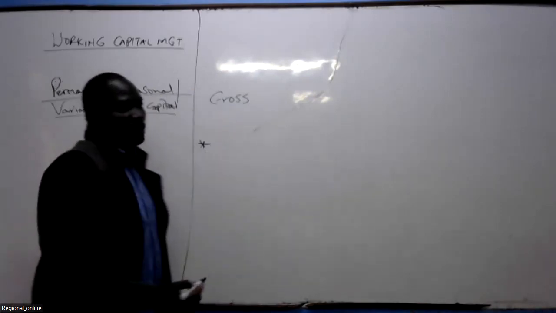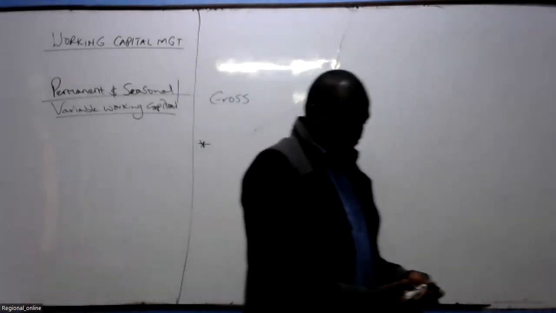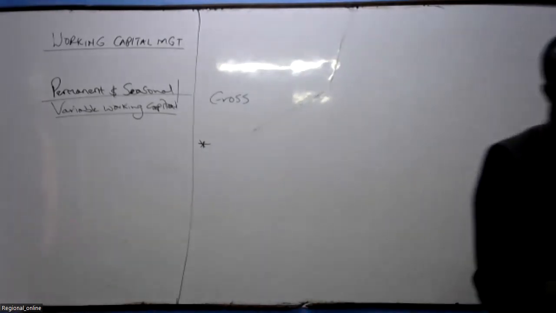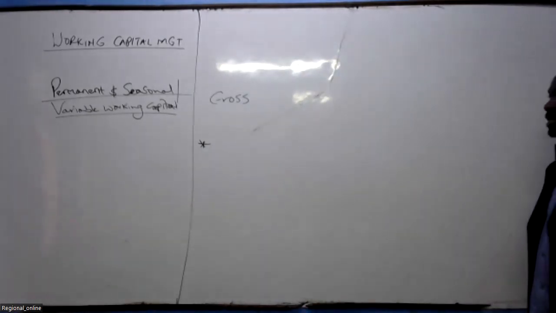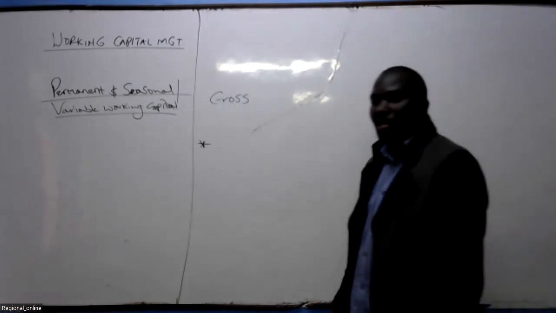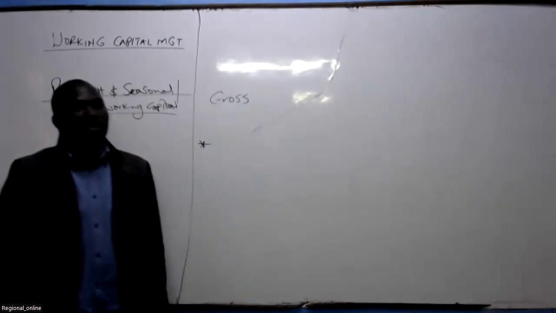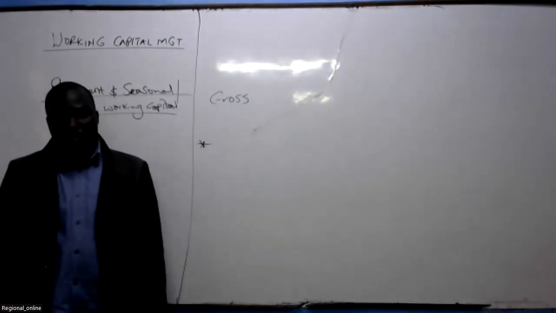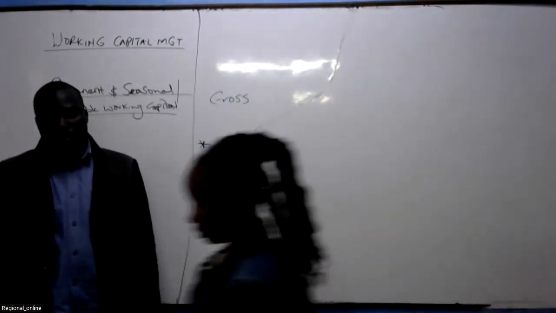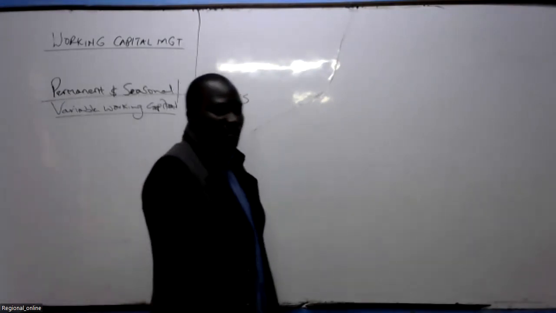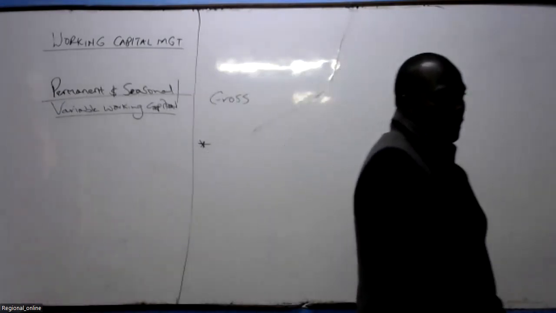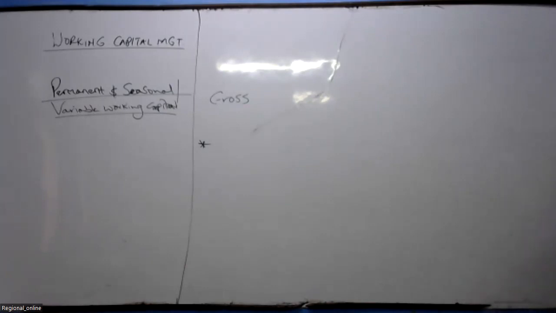It is always said that there are some current assets that are also considered to be fixed. Does it make some sense? Is it possible? It doesn't even add up, right? Stock is a current asset, we know.